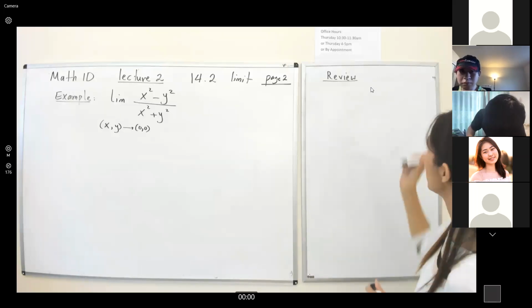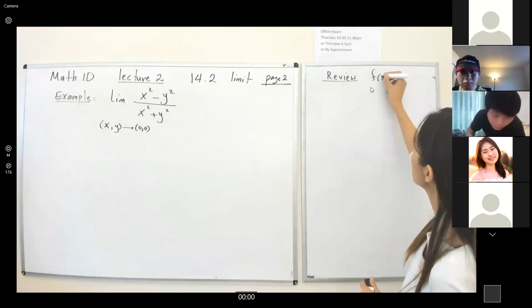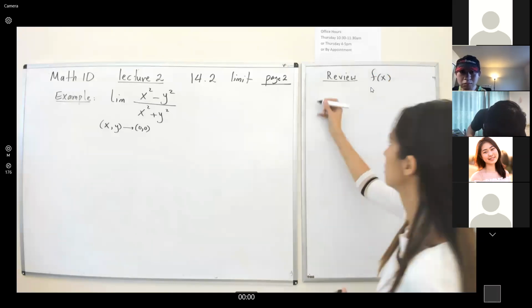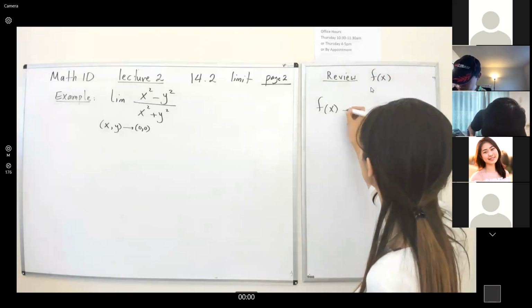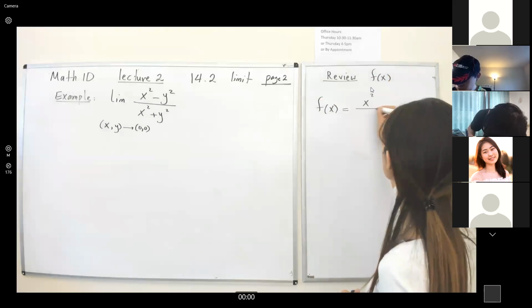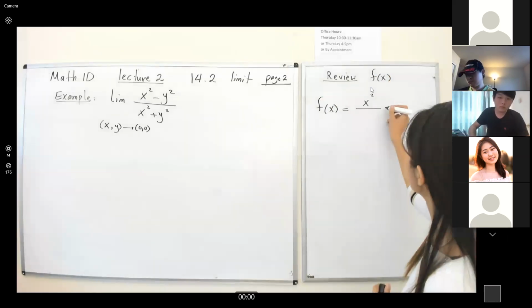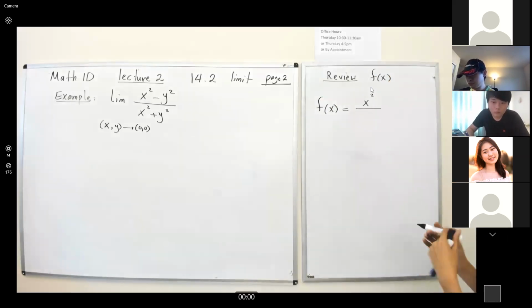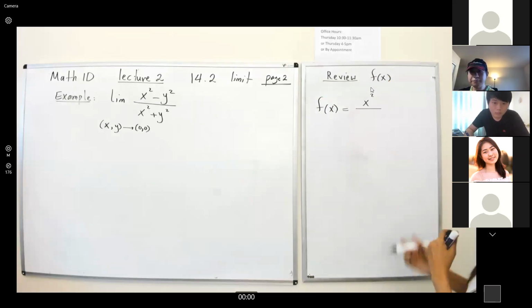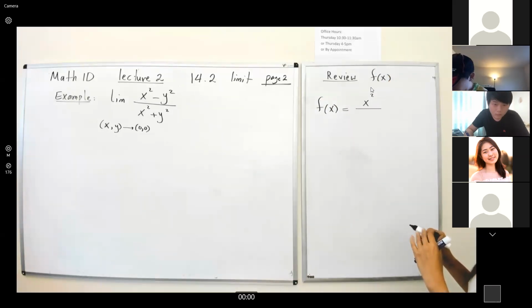Remember in Math 1A, in functions of one variable, if you have a function like f of x equals x squared minus 4 divided by x minus 2. I'm going to have something in the denominator that makes the function 0 over 0.